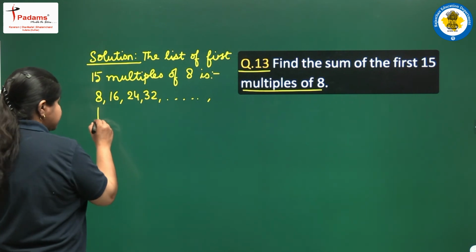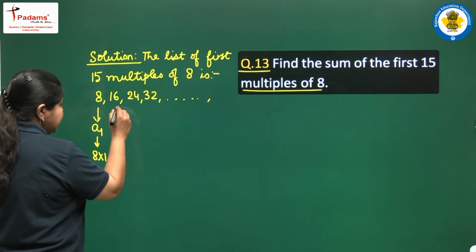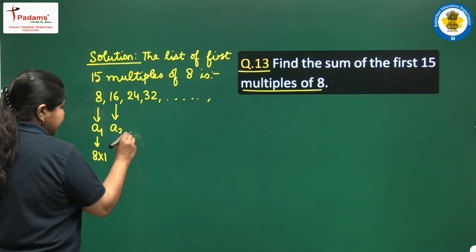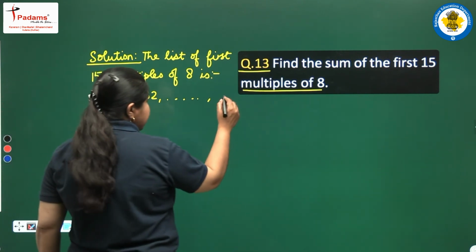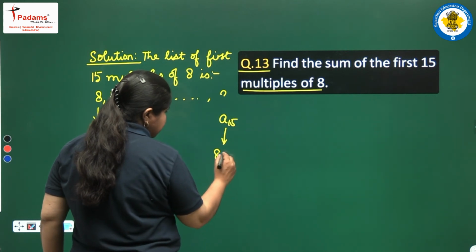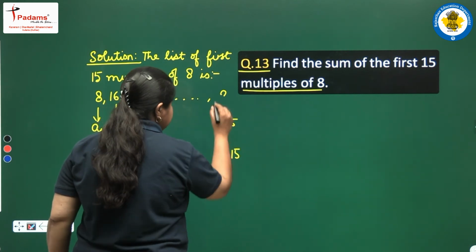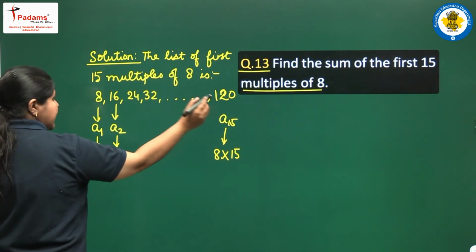This is your first term, and how are we getting it? By 8 into 1, it will be the same here too. This is the second term, we get it by 8 into 2. Then we take the 15th term, and we will get it by multiplying 8 by 15, and you will get it as 120. So this is the last term.